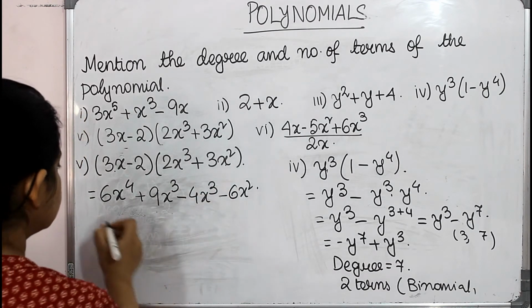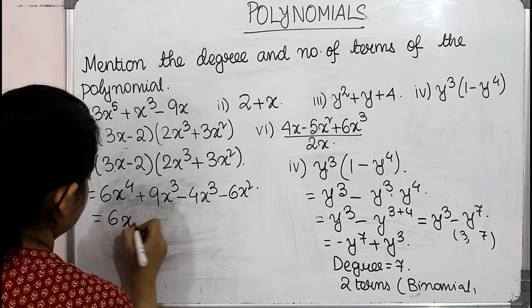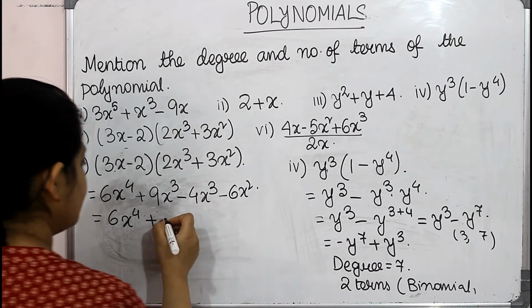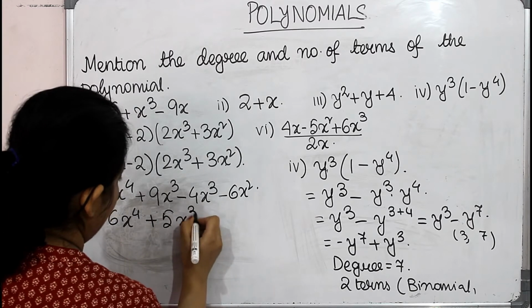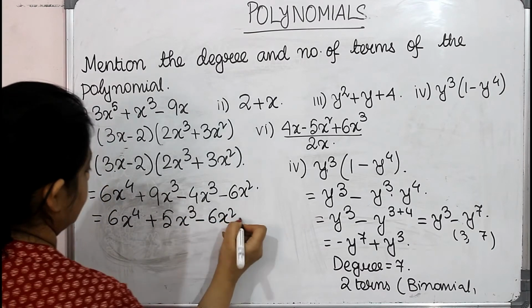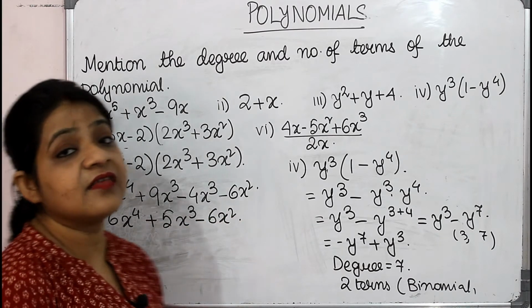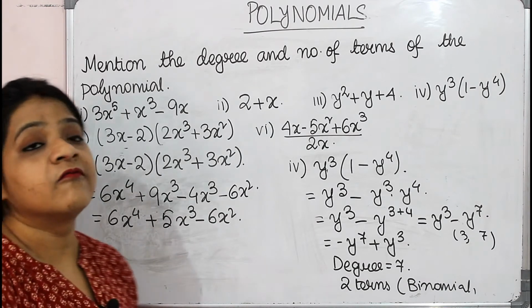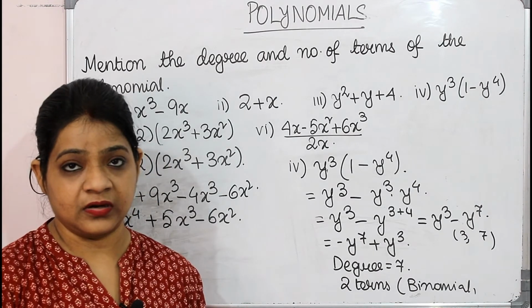6x square. So just write it in a simplified way, 9x cube minus 4x cube, that is 5x cube minus 6x square. Okay, so what is the highest degree here or highest power here? 4 is the highest power here.